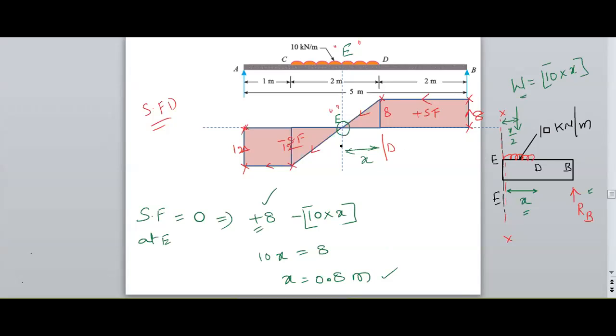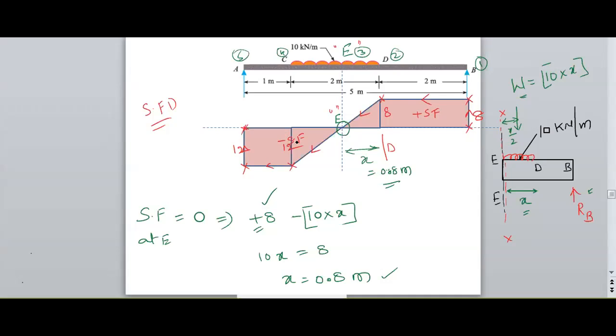Therefore, E is at a distance of 0.8 meters from D. So we have now 1, 2, 3, 4, and 5 points.